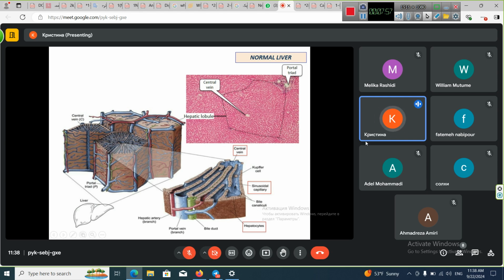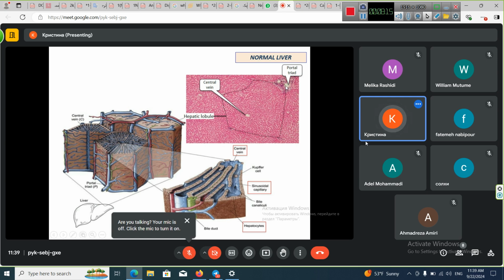They are three, and this is why they together are called triad. It is called portal triad. It is located at the border between the two adjacent lobules.